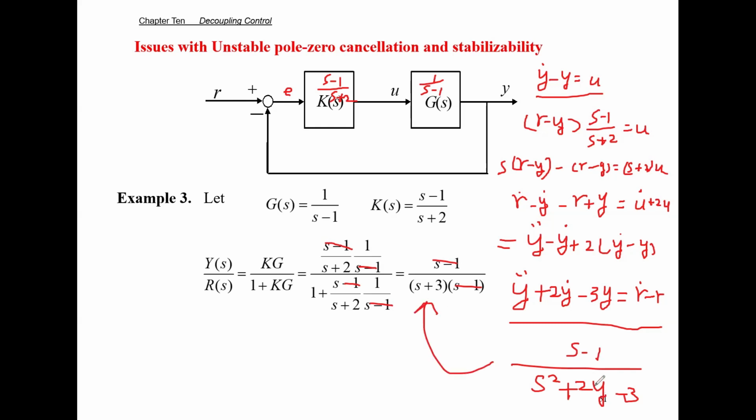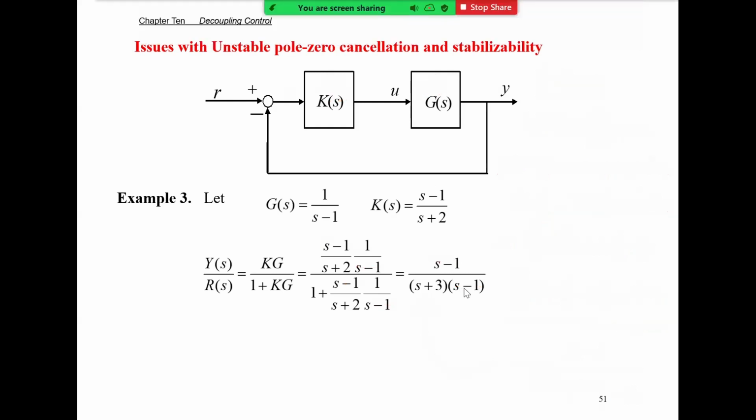That corresponds to this one. That explains why you cannot cancel out S minus 1. It can be understood from the differential equations, which means the system is unstable. S minus 1 cannot cancel out.